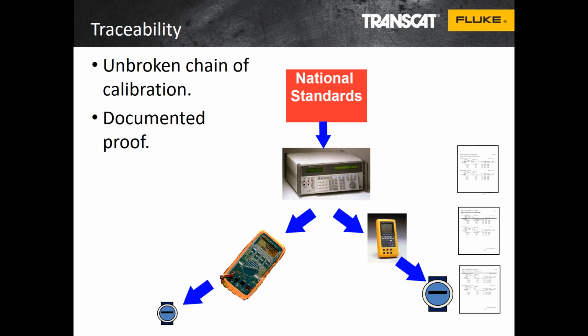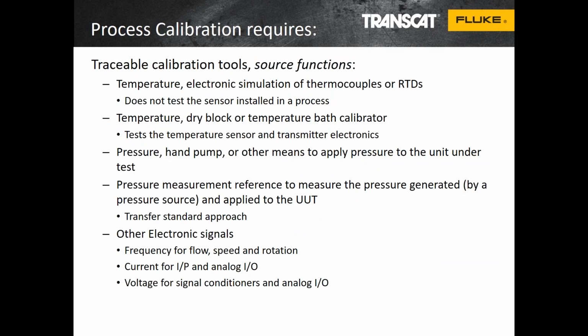So there's an unbroken chain of documentation and paperwork from the device that's being calibrated in the field all the way up to the national standards. And documented proof is required in many instances in the event that an audit is being performed.